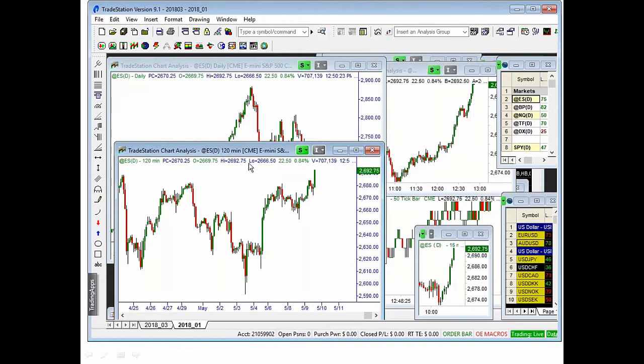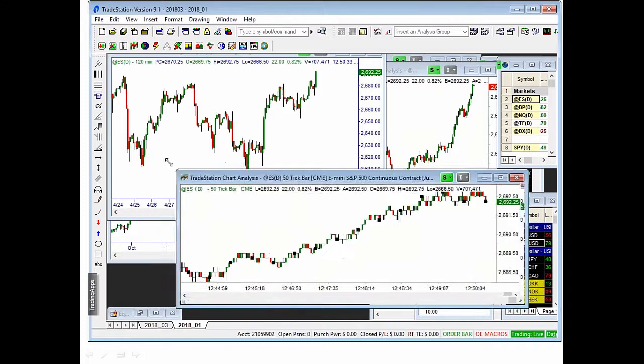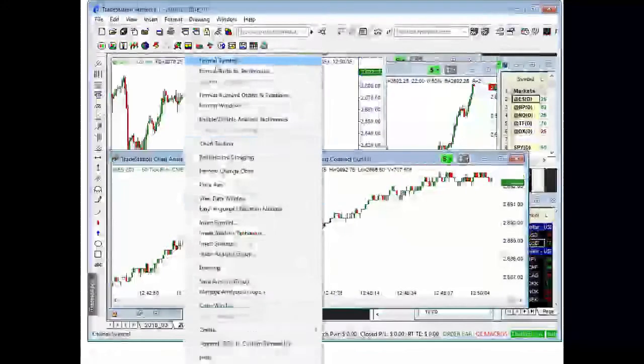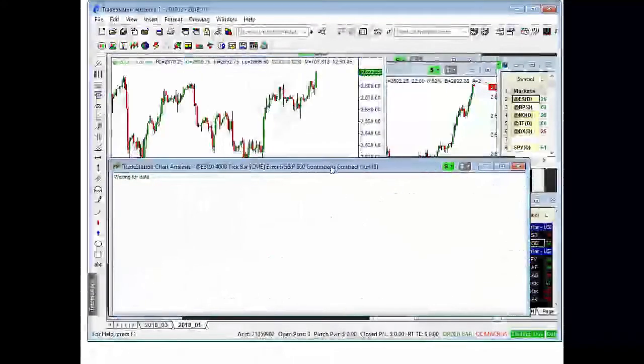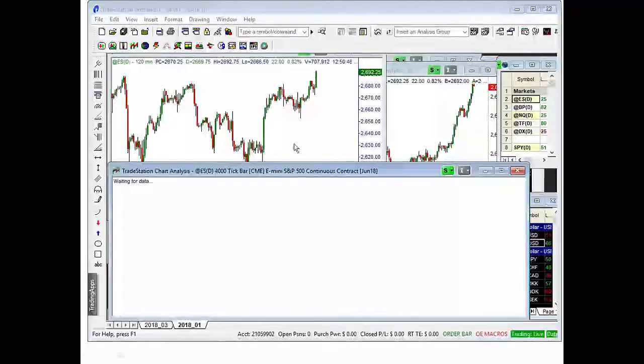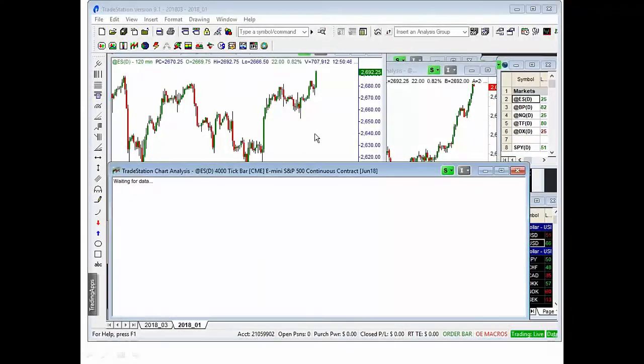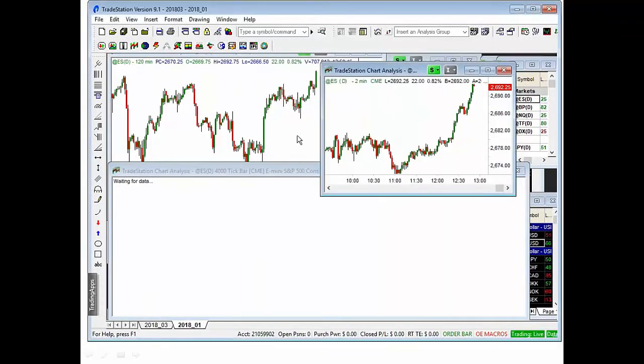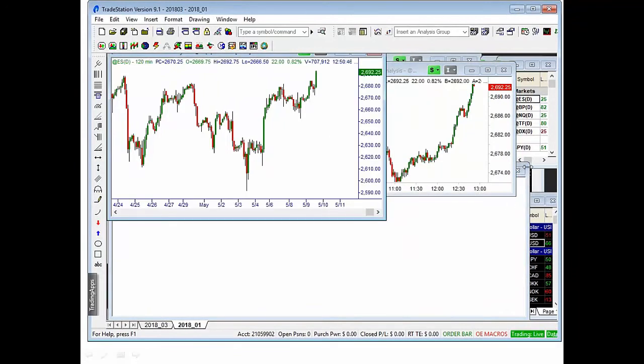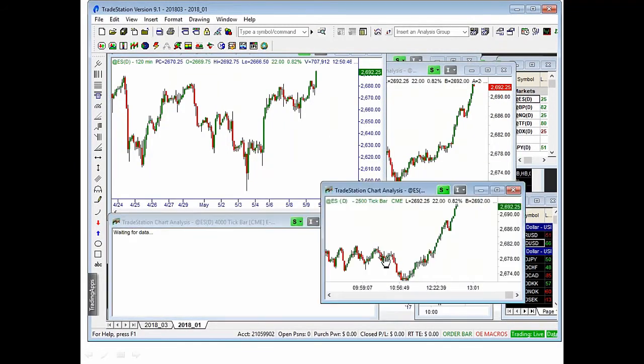If we look at, I'm going to show you guys here, this is the 120 on the ES. And then if we pull up a tick chart, I'll make this a bigger tick chart. What you're going to see is that the type of data and the patterns it displays are going to be different. You're going to see patterns that look a lot different than they do on an individual time frame chart.